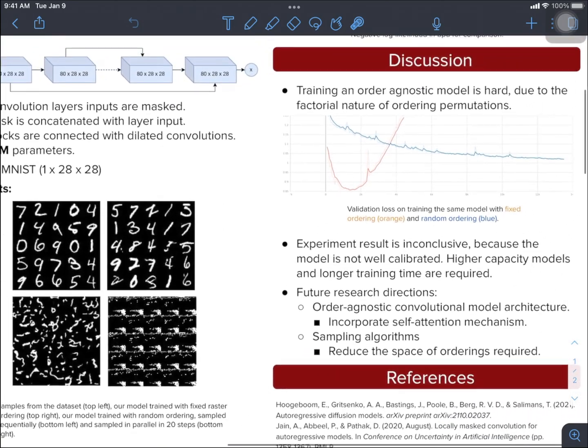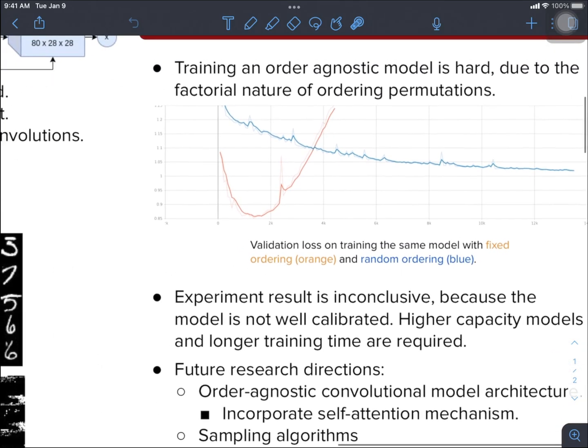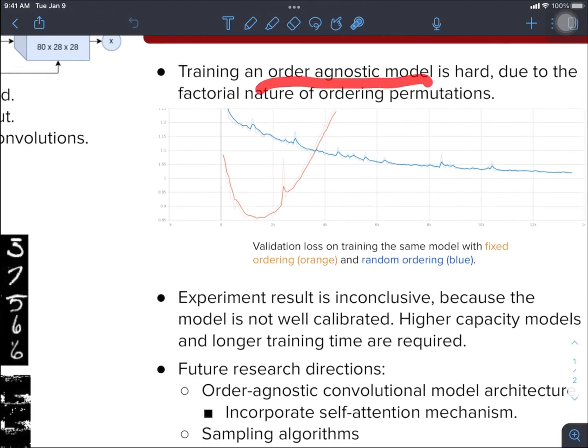And so what I learned from this is that training an order-agnostic model is actually really hard, and the reason is because the space of all permutations is huge. It's factorial in the dimension of the data, and therefore a model easily underfits. You can think of inputting an ordering sort of like a dropout, but the space of possible scenarios is huge.